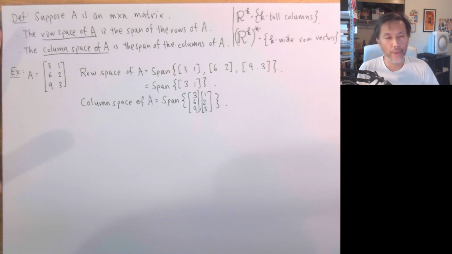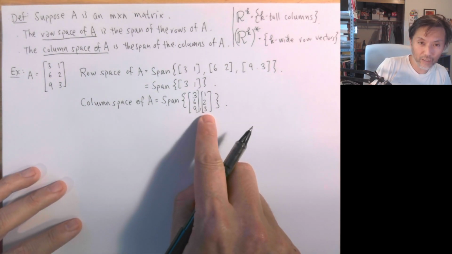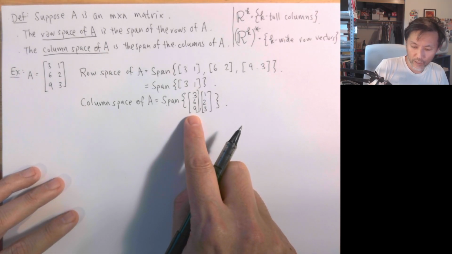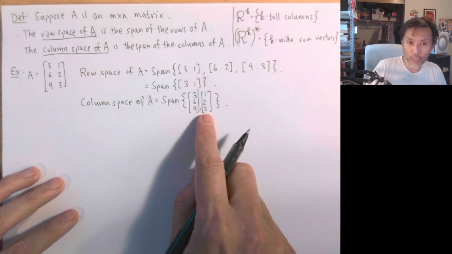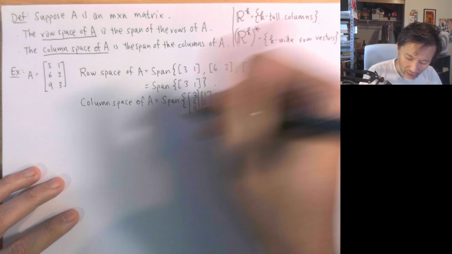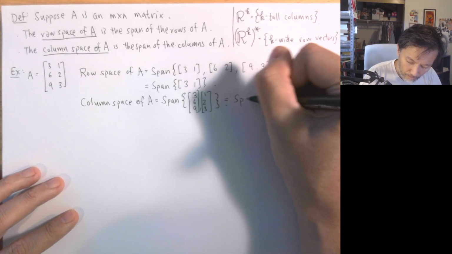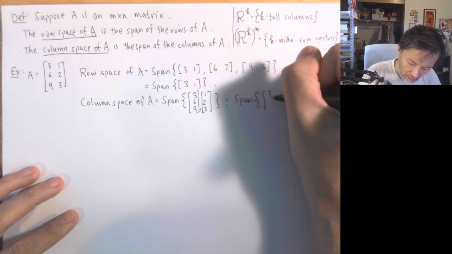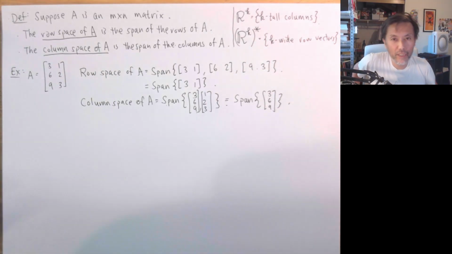But notice that this vector is a scalar multiple of that one. Just multiply this vector by 1/3 and you'll get that one. So there's something, again, redundant about this list. And we could rewrite this span not as the span of these two vectors, but just the span of one vector: the span of just 3, 6, 9. I hope that makes sense.